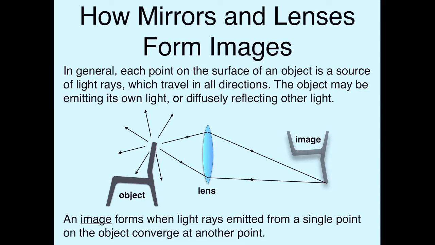So an image forms when the light rays emitted from a single point on the object, which would be over here, come back together, they converge at another point. And just to be clear, we're only keeping track in this picture of the rays emitted from the top of the chair, so those converge here, but we could play the same exact game with any other point on the chair, and we'd see that these rays converge over here, these rays converge over here, and that forms an overall image of the chair. So the lens is forming an image of the chair. That's what's going on.